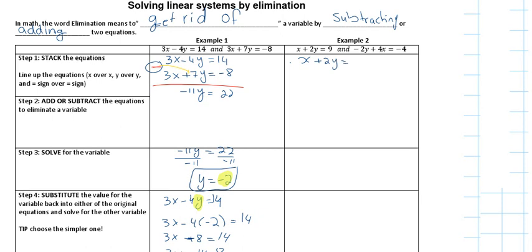What do I have to write under the x? 4x, because they have to have the same term, right? So I'm going to write 4x minus 2y equals negative 4. I can write them as 4x minus 2y or minus 2y plus 4x, because they're on the same side of the equality, I can interchange them.